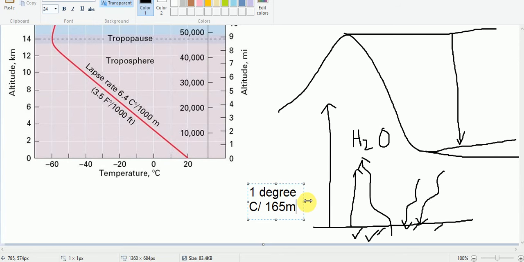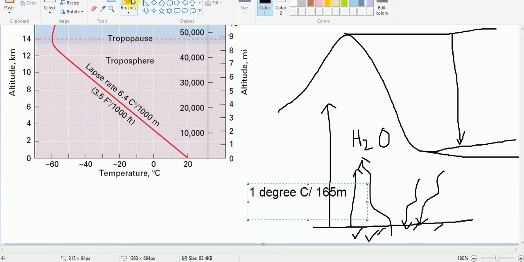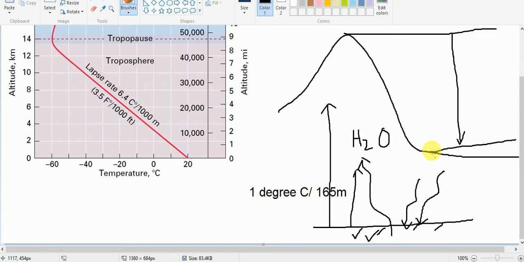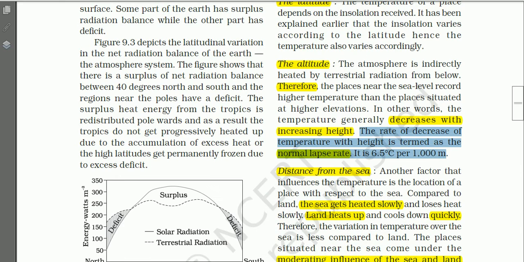That means if you climb 165 meters from the sea level, then temperature will be decreased by 1 degree.